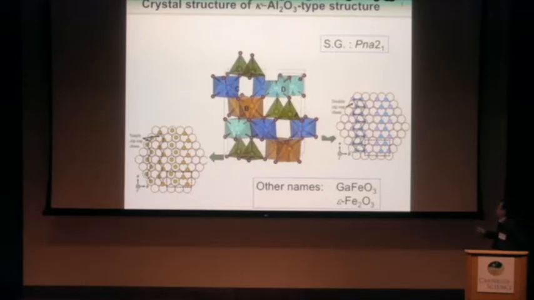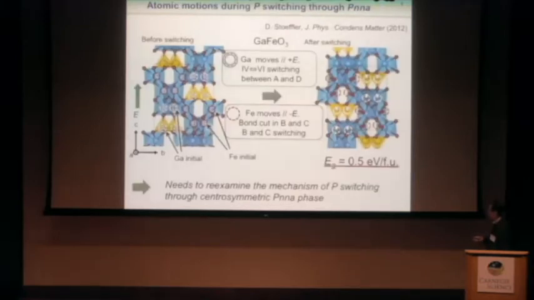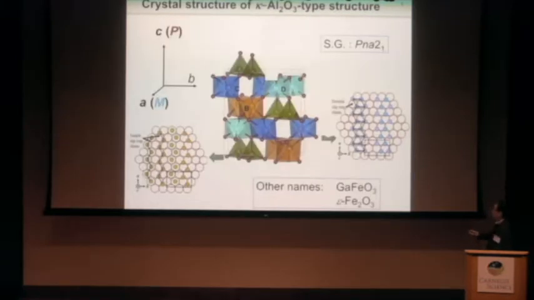And this is complicated. So sometimes people say that this kappa alumina type has a gallium ferrite type or epsilon ferrite type structure. But all are the same. These three have the same structure. And the most important point is that along the C direction, this material has electric polarization. And along the A direction, the magnetic easy axis exists in this structure.